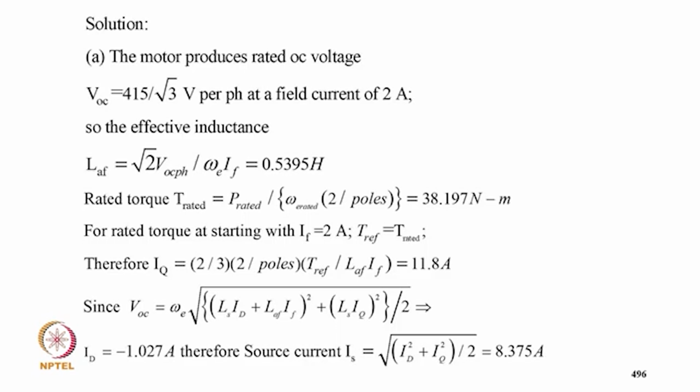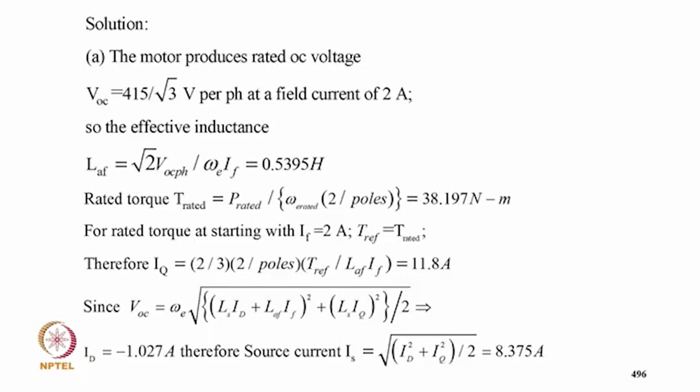So coming to solution, a motor produces rated open circuit voltage VOC equal to 415 by root 3 at the field current of 2 amp. So that L_F equal to VOC over omega IF comes to 0.5395 Henry. T rated equal to P rated upon omega, that is 38.1 Newton meter, and T reference equal to T rated.